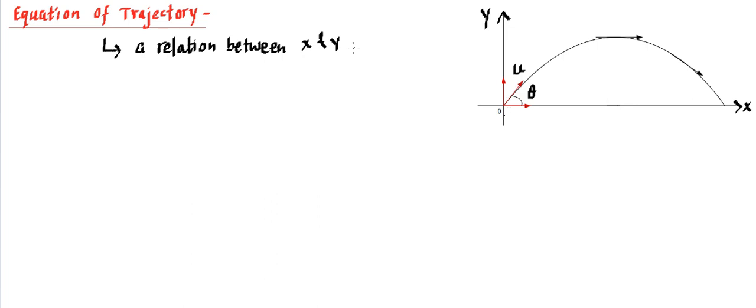So it's a relation between x and y coordinates of the particle. So whatever the particle which is moving, its x coordinate, y coordinate.